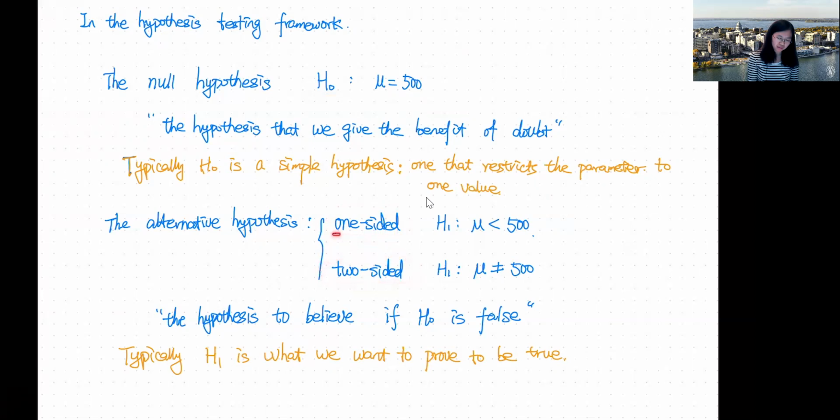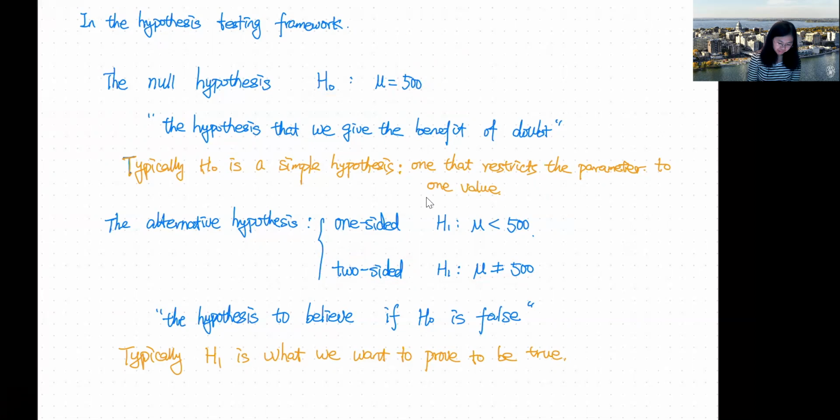There are more, but typically there are two kinds, one-sided and two-sided alternative hypotheses. A one-sided hypothesis is an interval on one side of the null value of the parameter, the value that the null hypothesis restricts the parameter to. And the two-sided hypothesis is on two sides. It's a set that contains points on both sides of the null value.